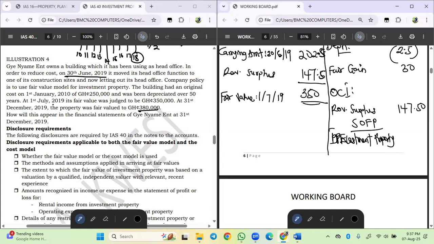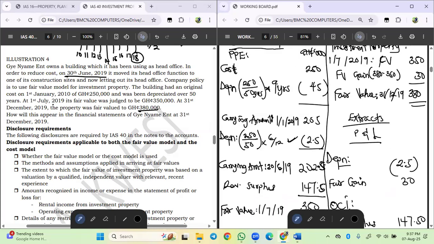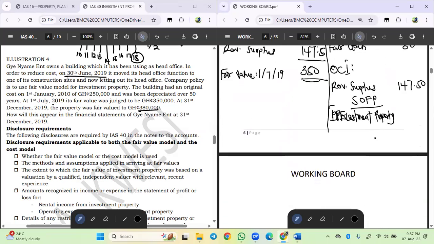How are we going to measure it? 380. Thank you. Then the equity side will have the revaluation surplus of 147.5.